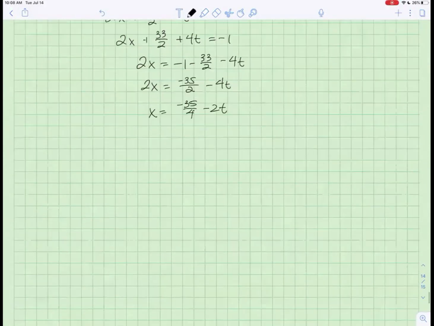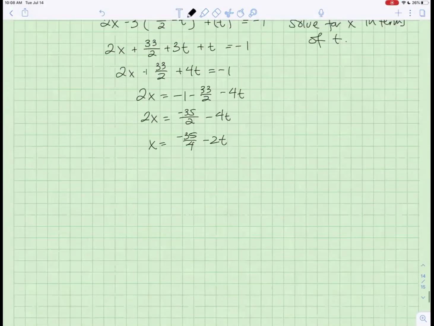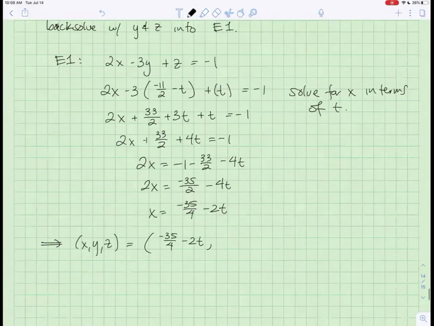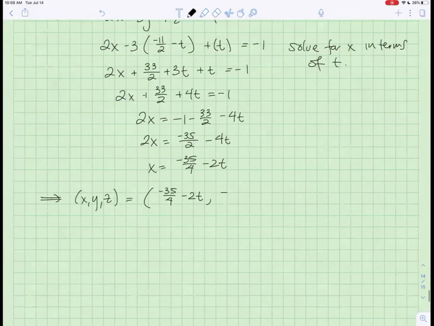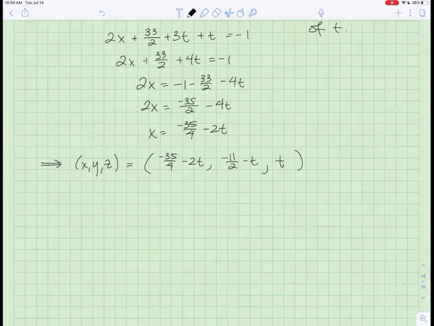Okay, so what does that mean for our answer? Well, it means that our ordered triple x, y, z is this monstrosity: negative 35 over 4 minus 2t, comma, the y value, negative 11 halves minus t, and t. So this is a formula.